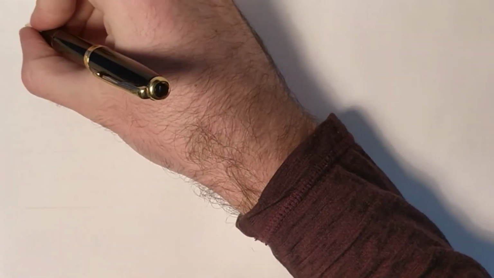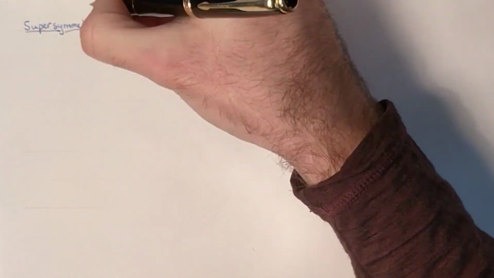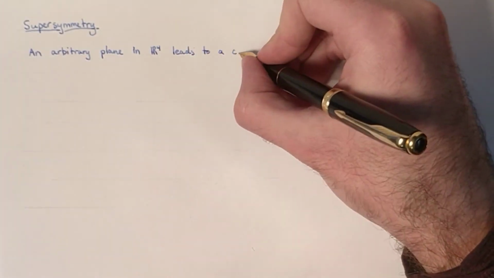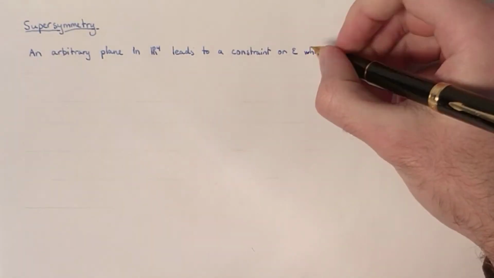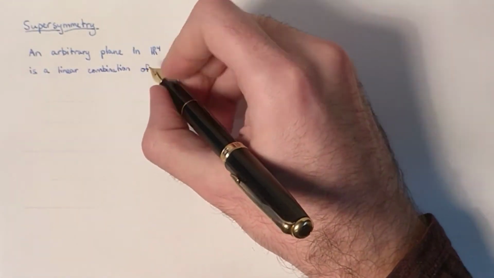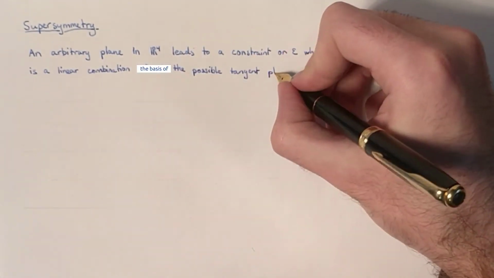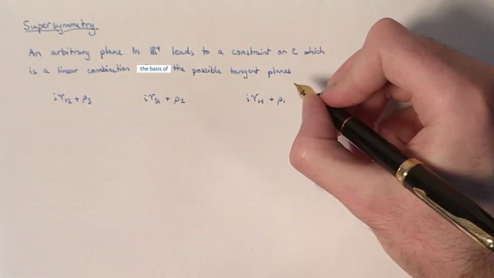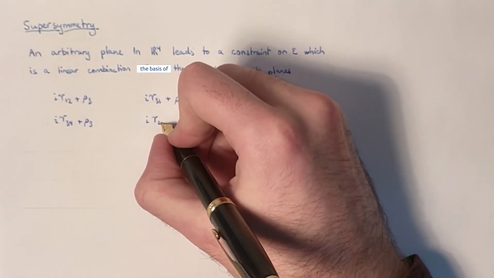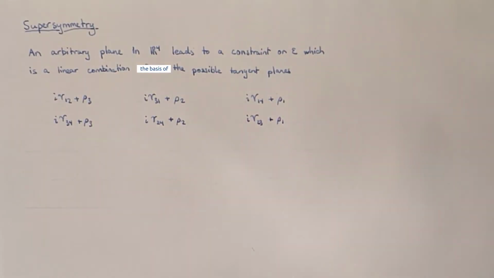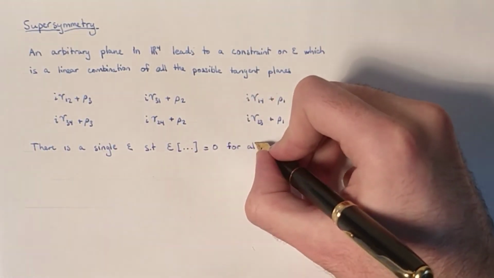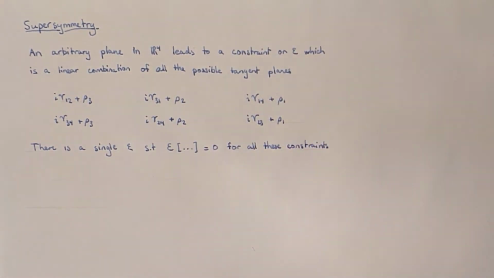To check that the choice of x and n we have leads to supersymmetric operators, we need to check that all the tangent planes over the surface share mutual supersymmetries. A basis is the following. And one can show that there is a single supersymmetry satisfying all the constraints.